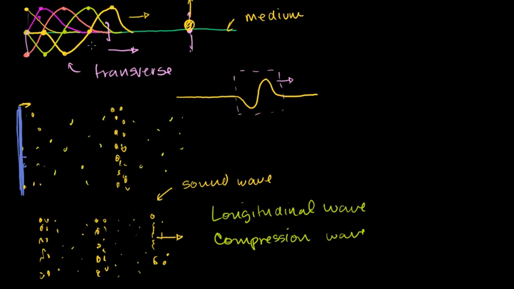Now, in this first example, I just did one cycle. I just jerked up, down, and back again, and I created this one disturbance. And when you just do it once, you can view this as a wave pulse.